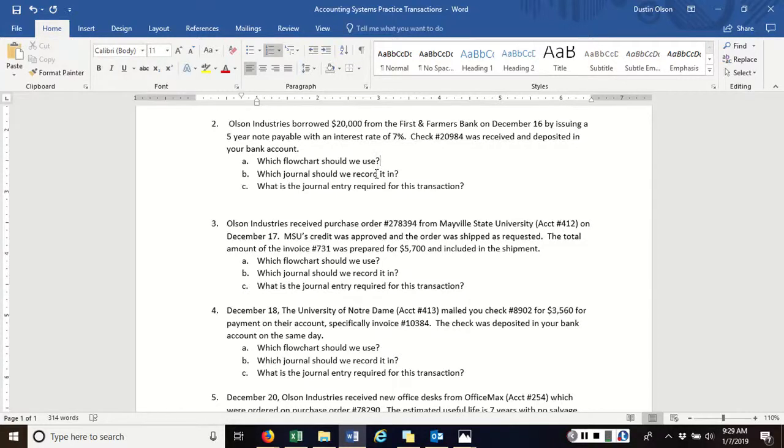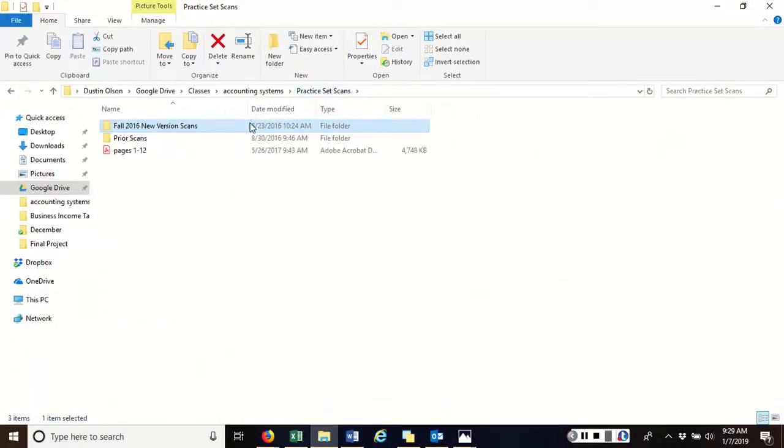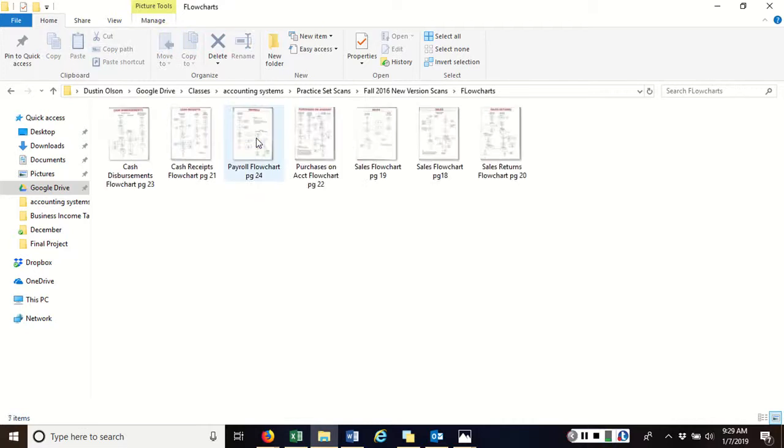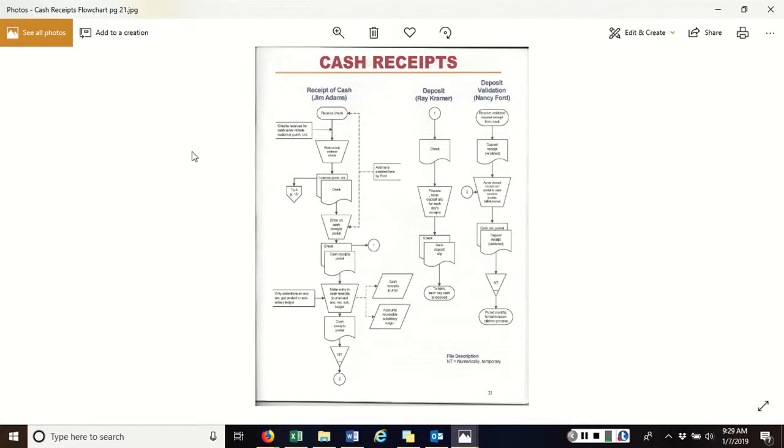So we need to record that we've received some cash. So we're going to go into our flow charts, and we're going to go to our cash receipts flow chart. So anytime you take in money, if you receive a check, it's going to get recorded using these steps.